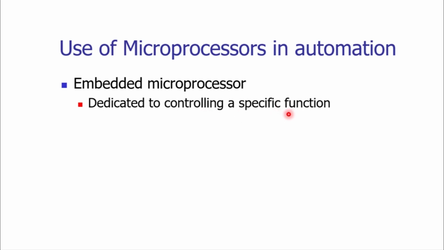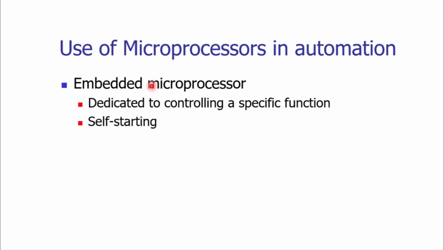Here, the function is to control the temperature of the furnace. If the inside temperature of the furnace is above the set value, the microprocessor should cut off the supply of electricity to that electric furnace. So a simple electronic circuitry which is embedded inside the electric furnace is nothing but the embedded microprocessor. So it is dedicated to carry out specific functions.